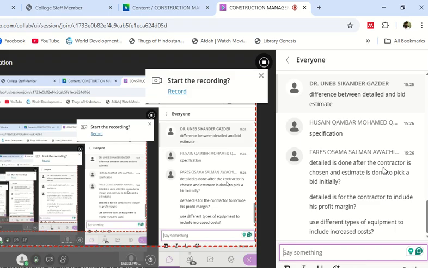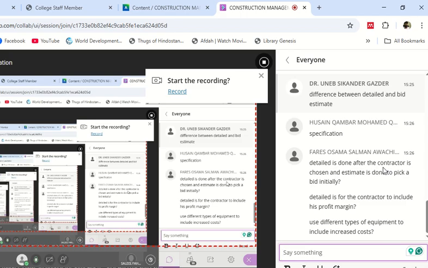He may have an alternative to the estimate or to the method or procedure which the client or the consultant was thinking about. So he may say, okay, I can do the same job but with less cost. Or you are asking for this specification and this material is not available in the local market. I have to bring it from somewhere. So it will cost you extra.